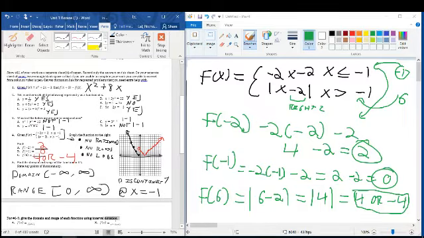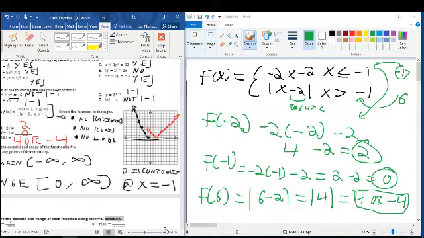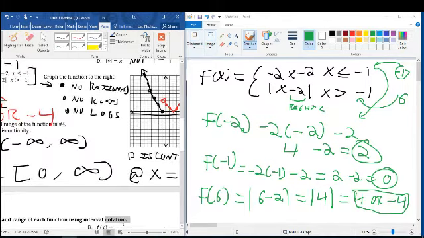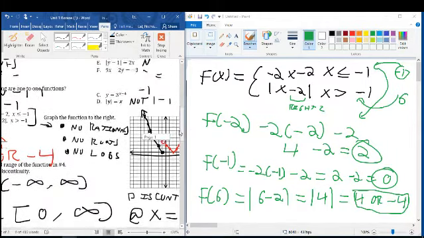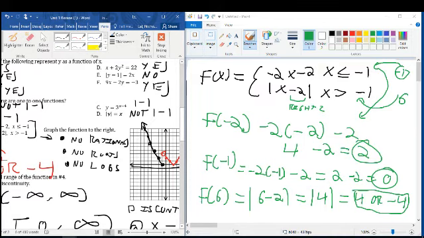That's because if you zoom in here, the functions are not continuous at x equals -1. Look where my cursor is. When the two functions meet, they're not continuous.